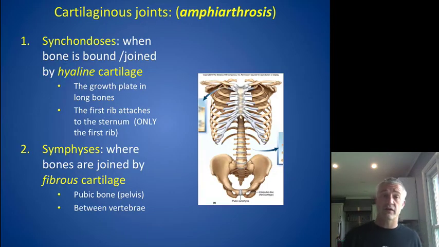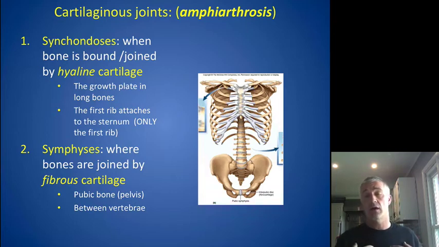The cartilaginous joints, we're going to see there are also a few different types of these. And this again is more about what type of cartilage is helping to make up that joint. So you can have what is called a synchondrosis. Condro is that cartilage prefix. So synchondrosis or synchondroses, these are bones that are bound together by hyaline cartilage.